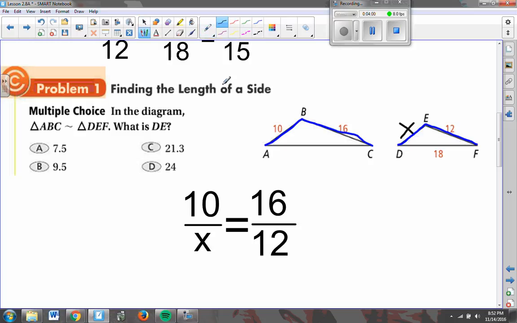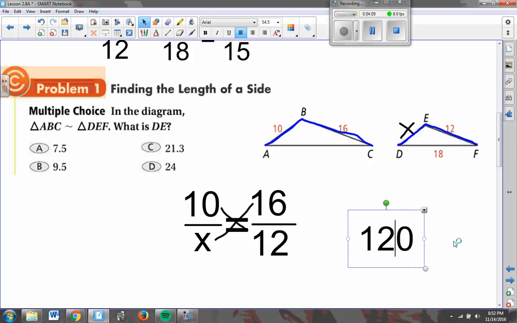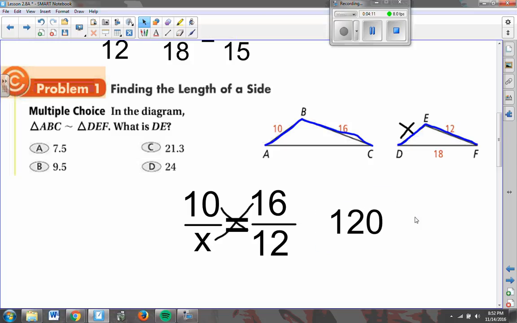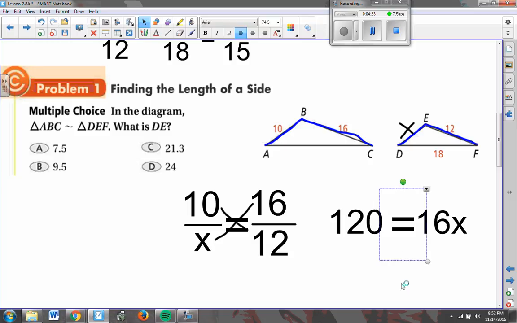Now this is something I can solve with cross multiplication. Do 10 times 12, which is 120, and then 16 times x, which is 16x. Those have to be equal. I cross multiply after I set up this proportion.